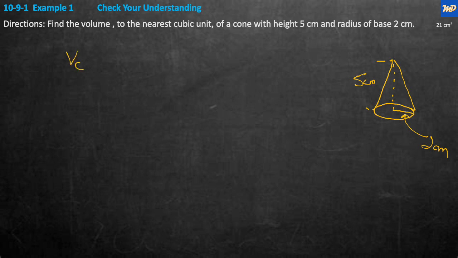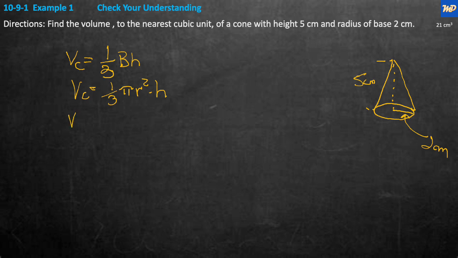The volume of a cone, V sub C, is equal to 1/3 the base times the height. Oh, I said 1/2 right there, but it's 1/3. The base is pi r squared, times the height.